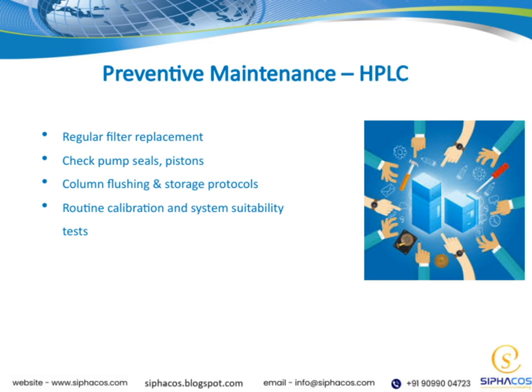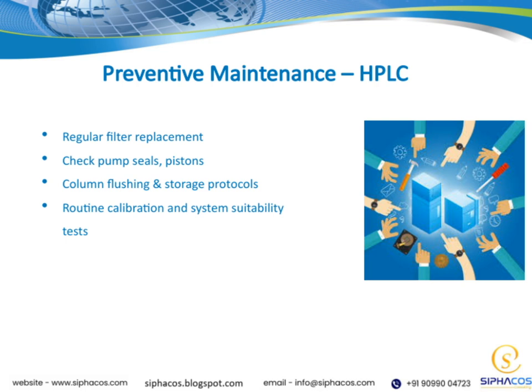Moving on, proper column flushing and storage protocols are essential. Flushing the column after use prevents buildup of residues, and correct storage ensures the column's longevity and consistent performance over time. Additionally, routine calibration and system suitability tests are key aspects of preventative maintenance.